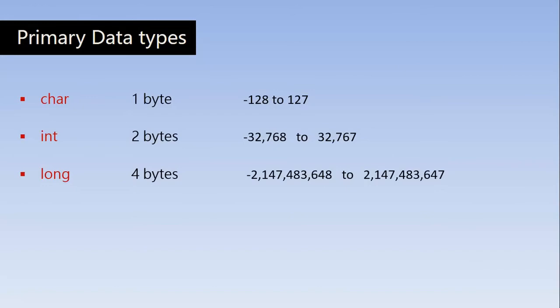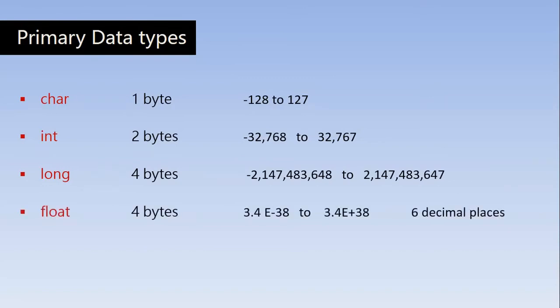So here we have both negative and positive range. Whatever comes between these two ranges can be stored in a long variable, right? So we are assuming a 16-bit computer, and a long variable on a 16-bit computer requires 4 bytes of memory.